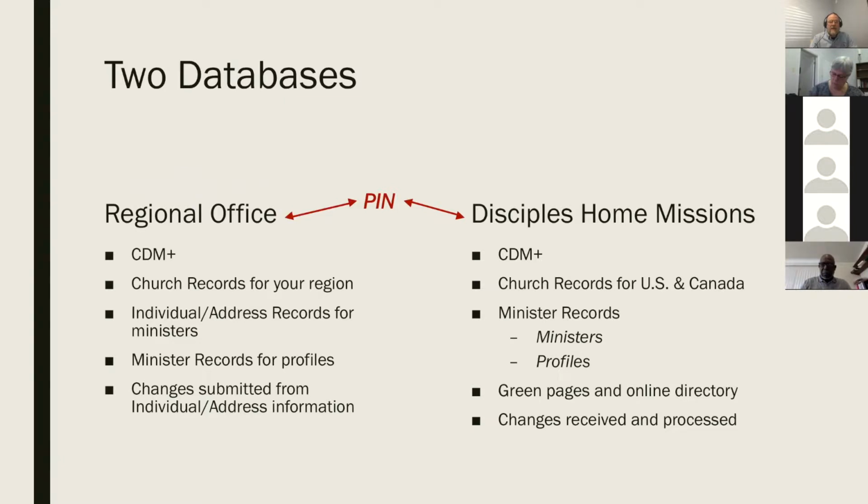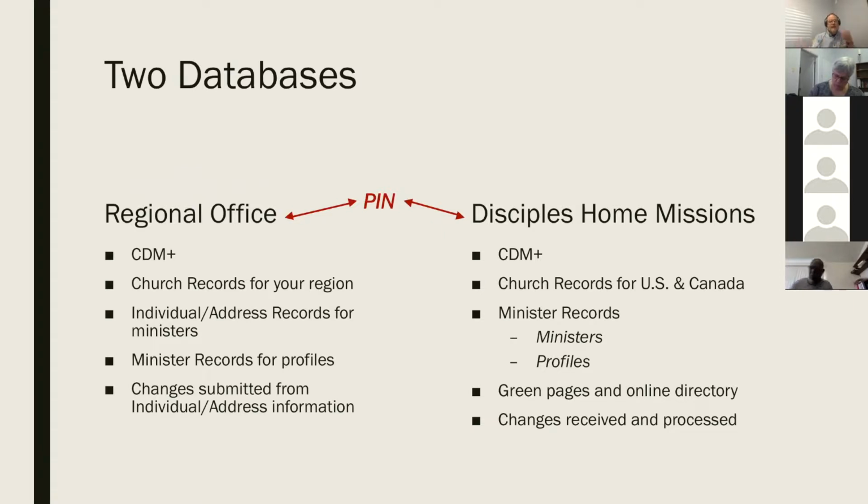Where things get different is in the DHM database, there are minister records. And a minister record will have both the information for the minister's credentials, contact information, and if they're in search and call, their profile information is all part of this one big minister record.